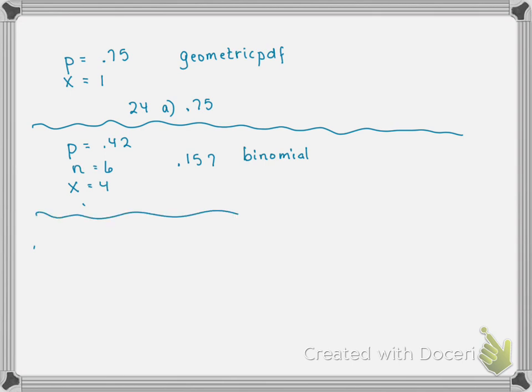Okay, now for 26, oil tankers. The mean number of oil tankers at a port city is 8 per day. So we have a mean. We don't have a number of oil tankers that we are randomly selecting, okay? We don't have a given p-value. We're just told to find the probability that the number of oil tankers on any given day is, for 26A, exactly 8.